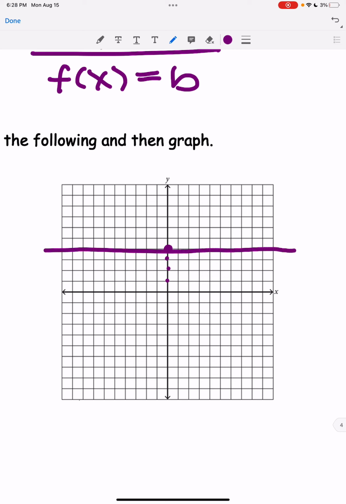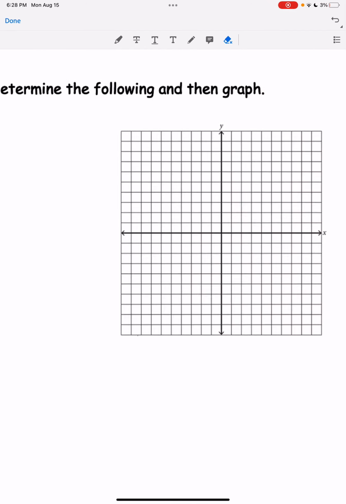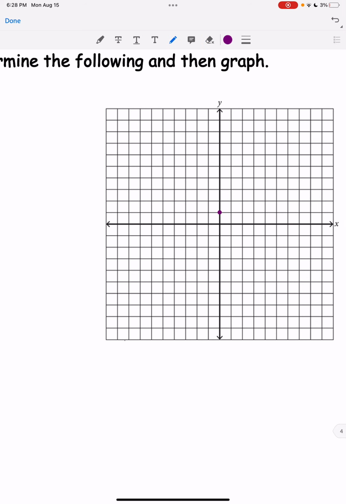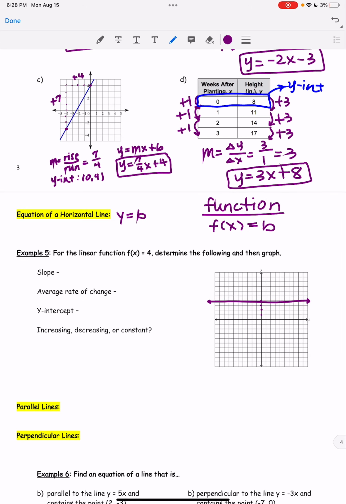And it's this horizontal line right here. This is really messing up, sorry. Okay. So 1, 2, 3, 4. Okay, so that's my line.